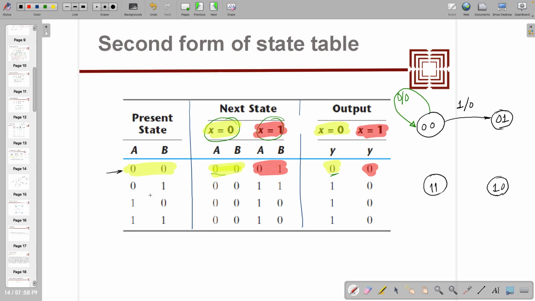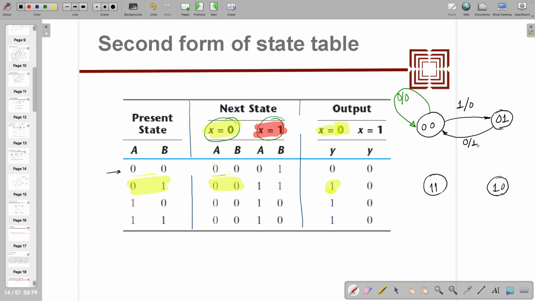Now, next is 0 1. Where should it go? When x equals 0, it should go back to 0 0, and at that time, output is equal to 1. So, note that very carefully. Present state is 0 1, next state is 0 0, input is 0 and output is 1. Is it okay?